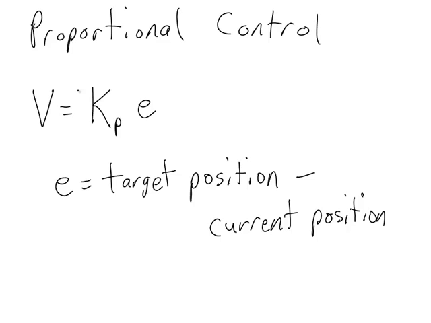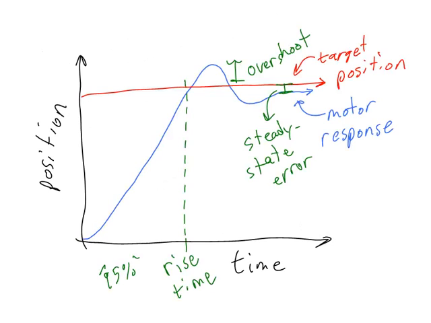Let me show you how that works. Let's suppose that you've set the value of Kp in your control equation and you've tested the system to see what the response looks like. And let's suppose that this is the response that you see.